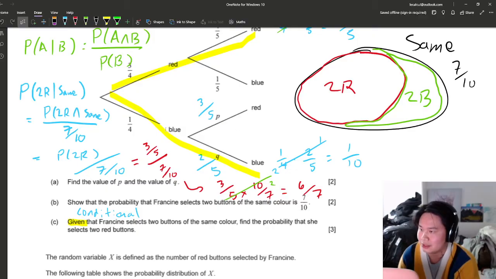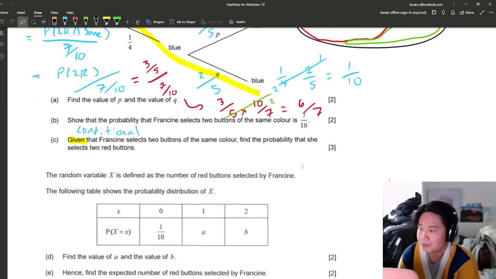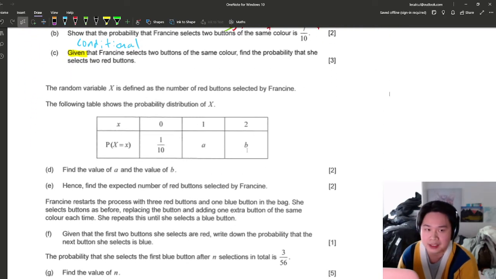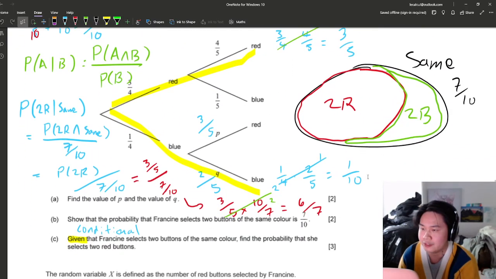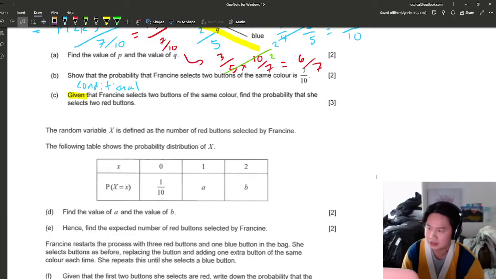Oh wait, no, that's the red one. So 1/4 times 2/5, so double blue, which is the same as 1/10. We know the probability of getting 2 reds is 3/5, and just for the sake of working with fractions, 3/5 is the same as 6/10.